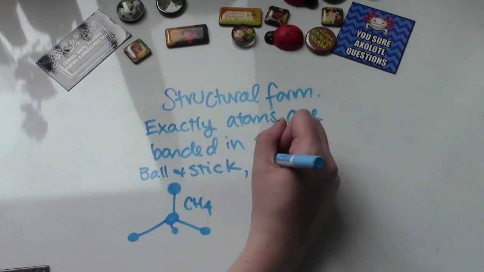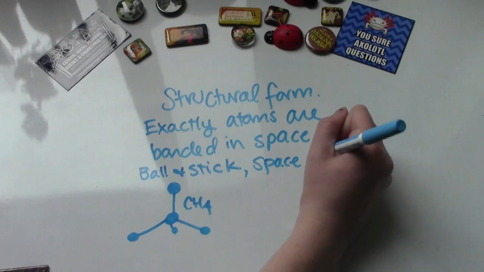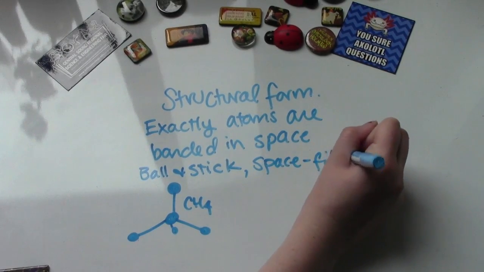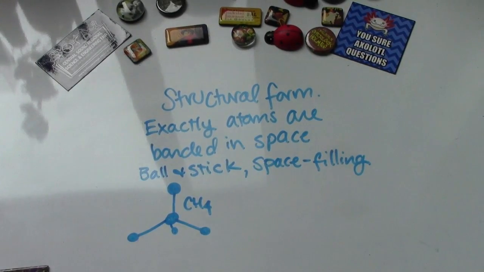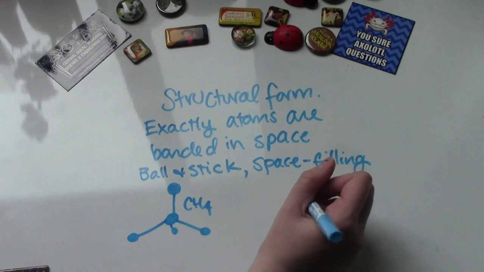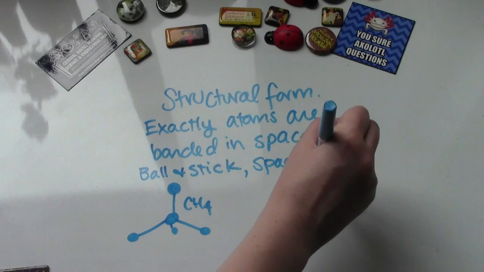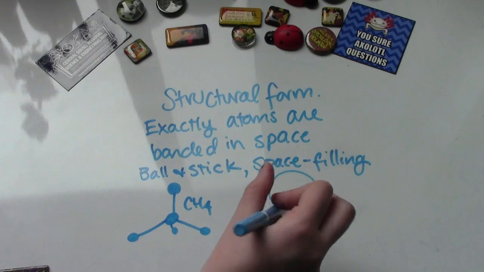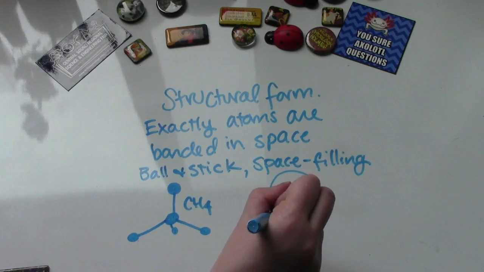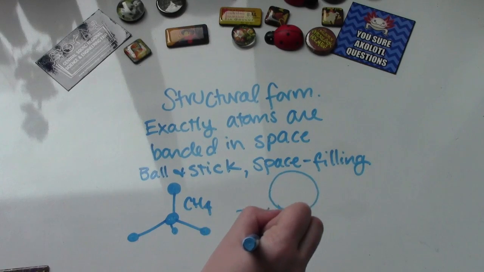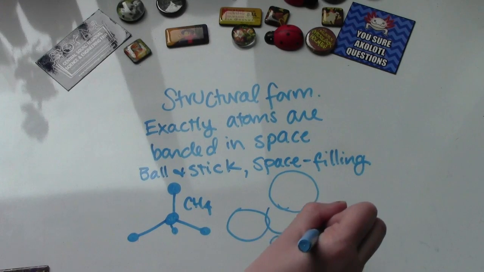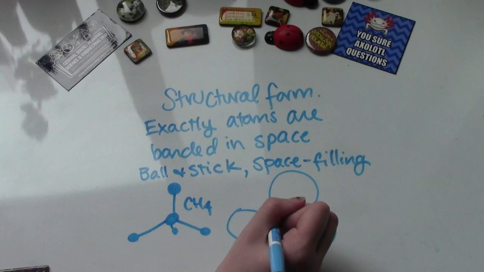Another one is space filling, is what they call it. And you see this on computer programs a lot, and that's pretty much where they draw the whole molecule as it interacts with other molecules. I can't draw it very well because it's really hard to draw.